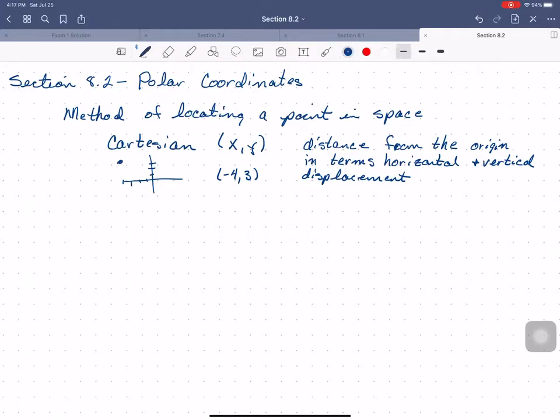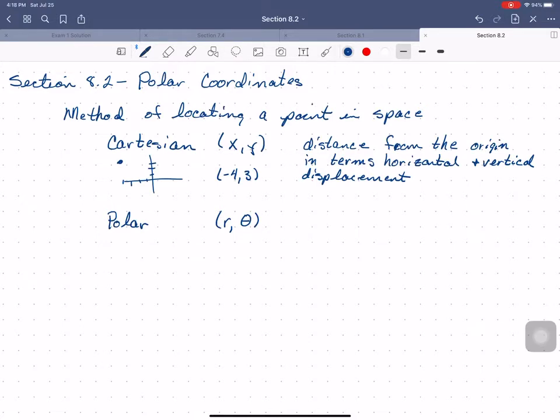When we are talking about polar coordinates, we are specifying a point in space on a circle, really is what we're doing. So we're going to give a radius and an angle of rotation.